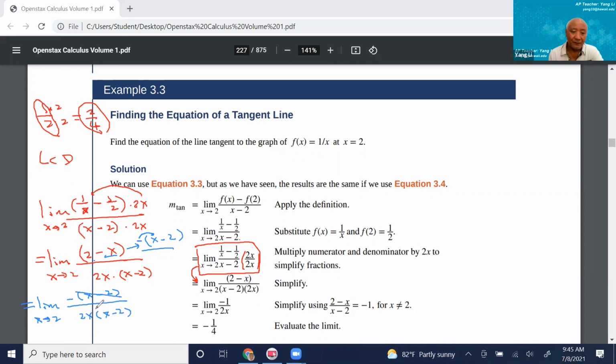Now, here, you cancel, right? Now you can put x equals 2 here. That will equal what? Negative 1/4. See that? That's why I got this one. You see my work here, if you watch my video, I can give you the detailed steps to see how they get from one step to the other.